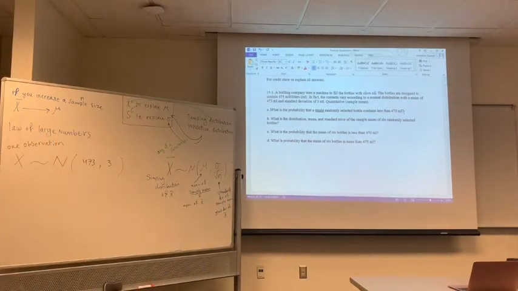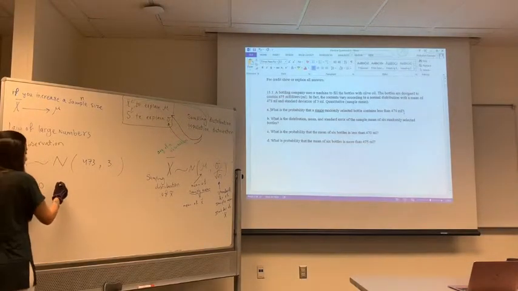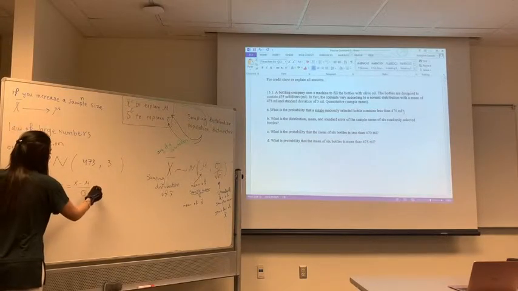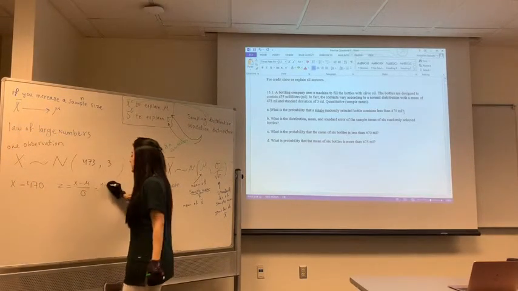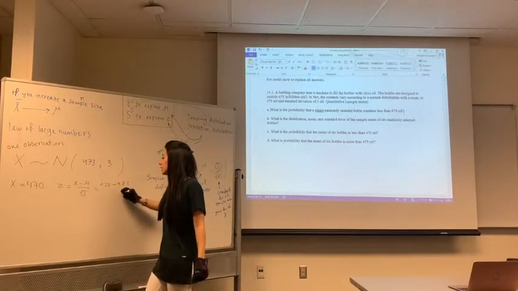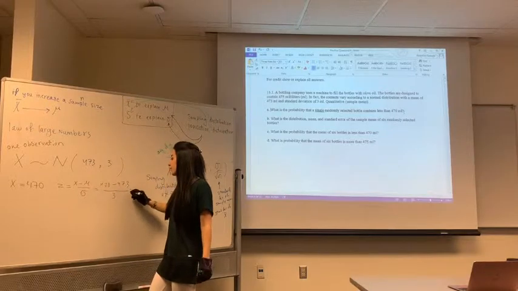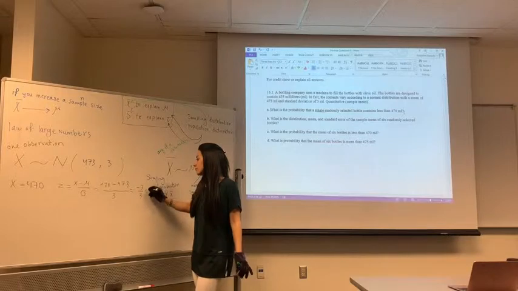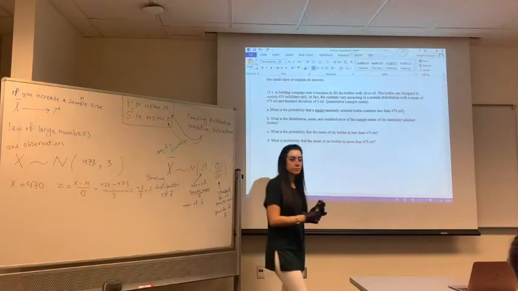So, how do we solve this in chapter 3? We said let's start with x equals 470. Do you remember? Then we would find the z value for this x, right? 470 minus 473 divided by 3. Correct?